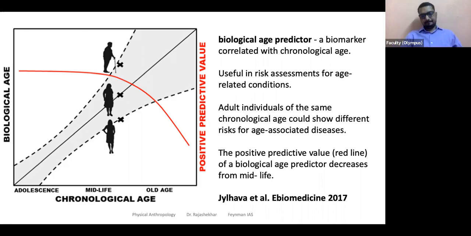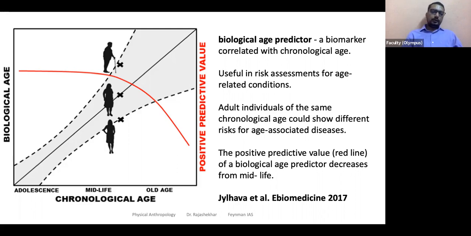What am I telling you here? You may be able to predict the biological age based on chronological age for a certain duration, especially up to adulthood, middle adulthood. But as we age more, the difference between chronological and biological age also increases. So what am I trying to tell you here?